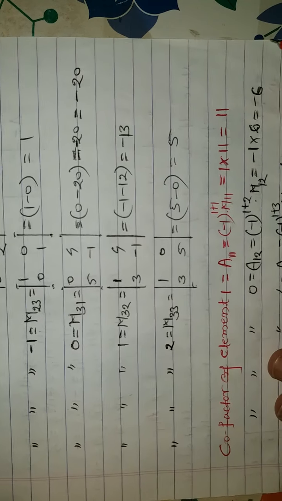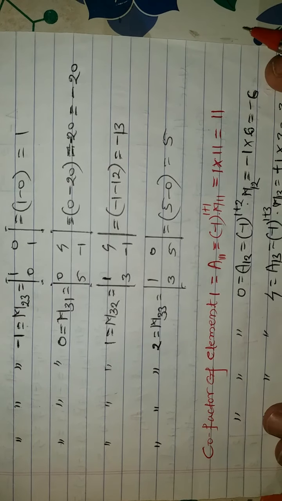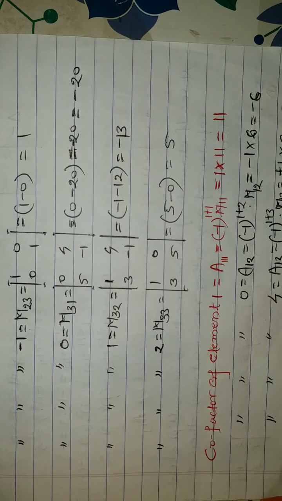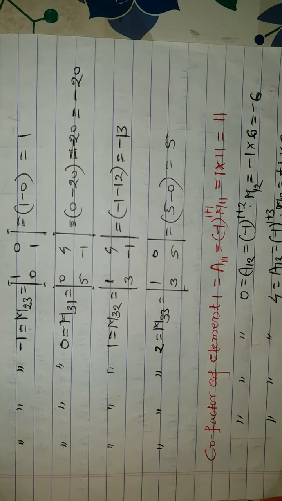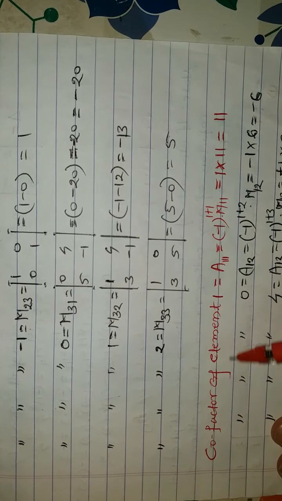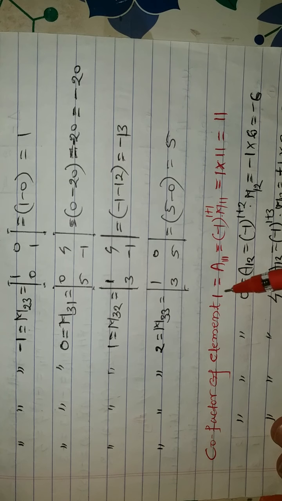The next one is the cofactor of the elements. Similarly, we can find the cofactor of each element using capital A. Cofactor of the first element 1 is denoted by A11 because 1 lies in the A11 position.